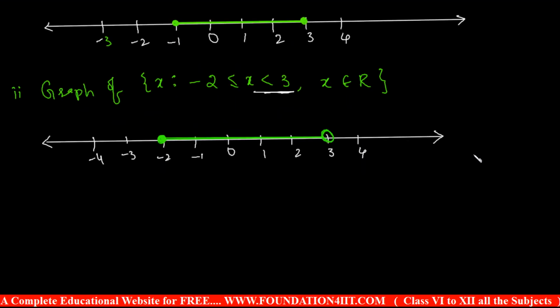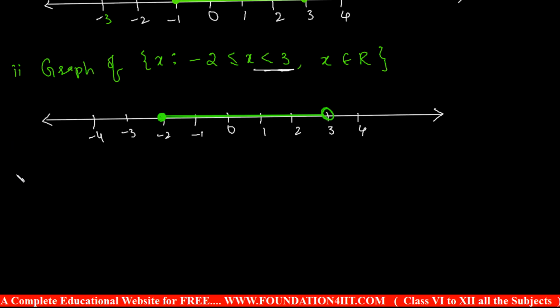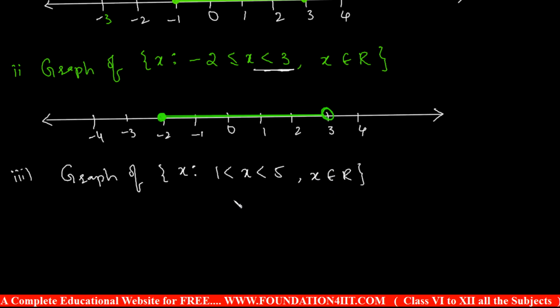One more problem I'll explain. Let us see another one. So the graph of x such that 1 is less than x and x is less than 5, and x belongs to real numbers. Because x belongs to real numbers, you should take it in this way. Here 1 and 5 are not included, but x is between them, positive numbers all.